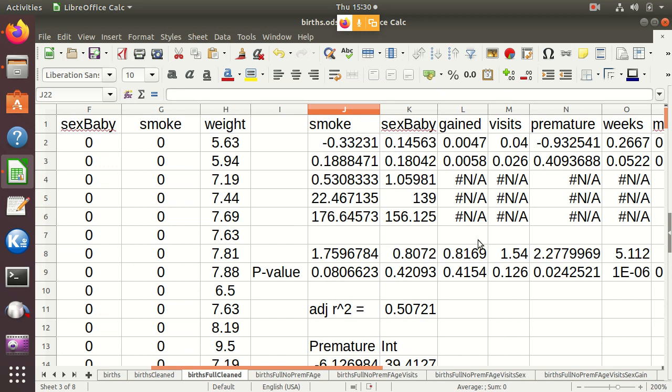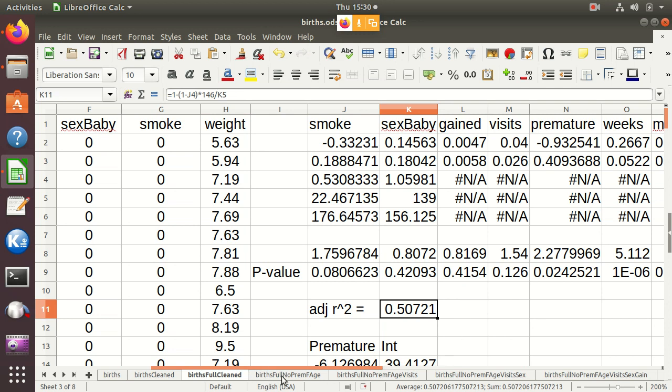We should get rid of one of those two columns. Since premature has a lot less information attached to it than the number of weeks, I got rid of premature. Now, something else to look at is the adjusted R-squared that we talked about last week, and it is 0.5. It says about 50% of the variance in Y is explained by our model.